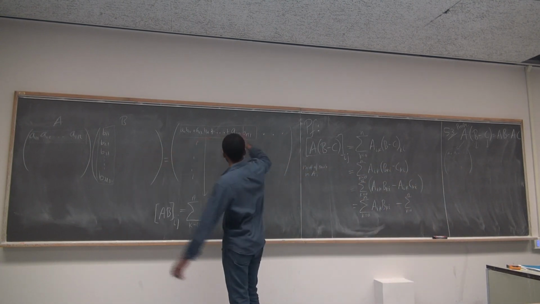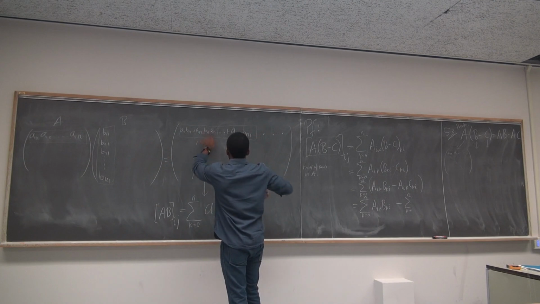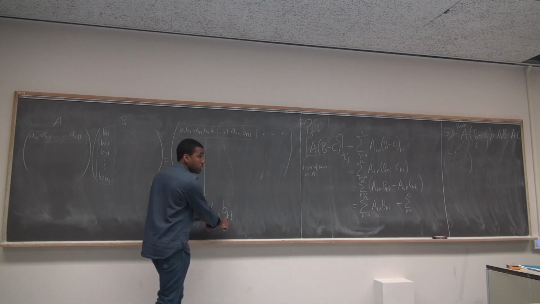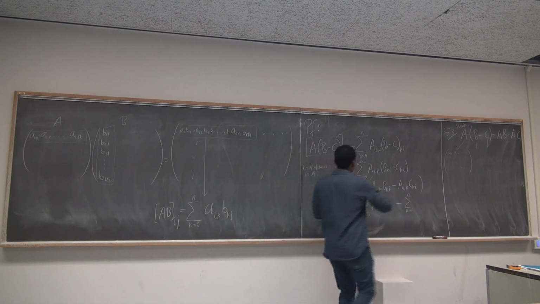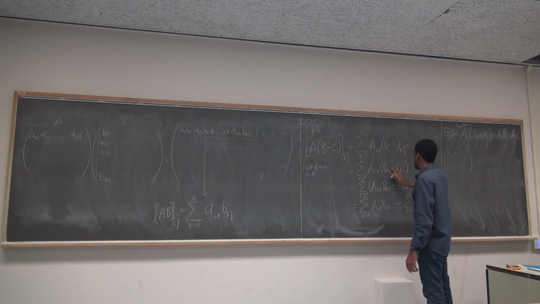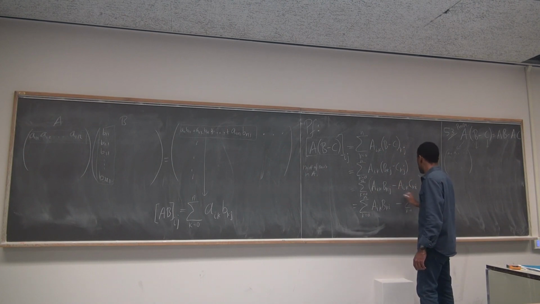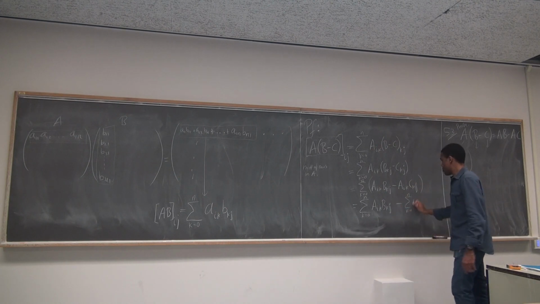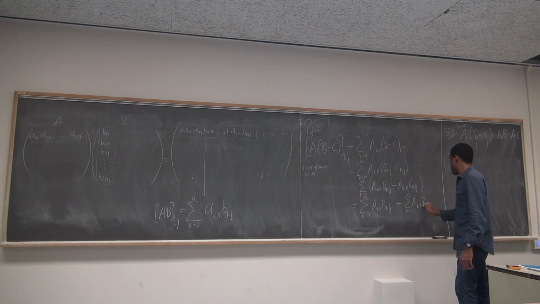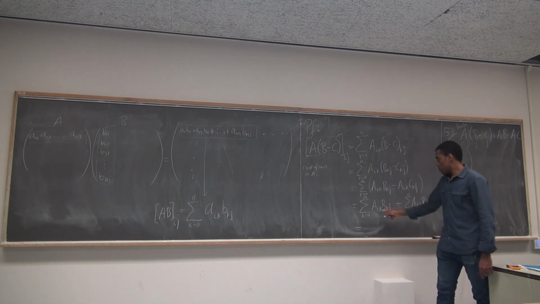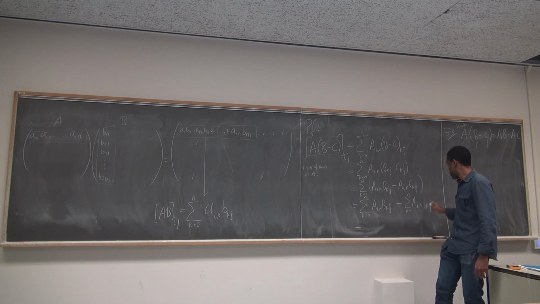Because if I was to take the first row times the second column, then all these guys would be 2's. So yeah, the columns can be different, but the inner numbers would have to be the same. So this would be a_ik b_kj minus a_ik c_kj.